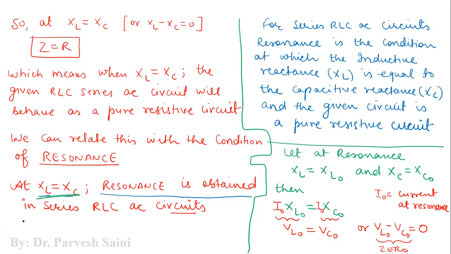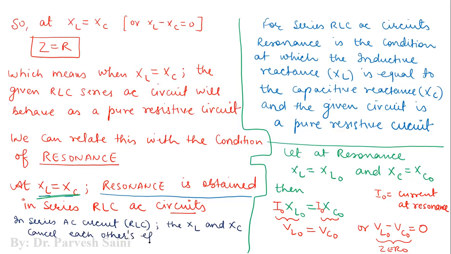So in a series AC circuit of RLC type, the XL and XC cancel each other's effect.